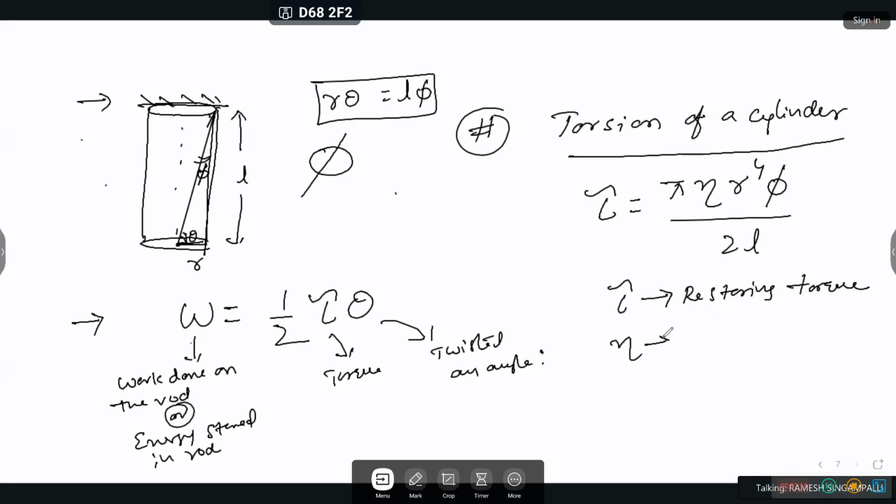Eta, modulus of rigidity. Theta, twisted angle.